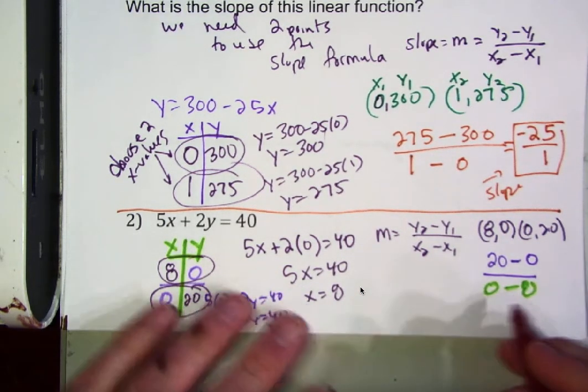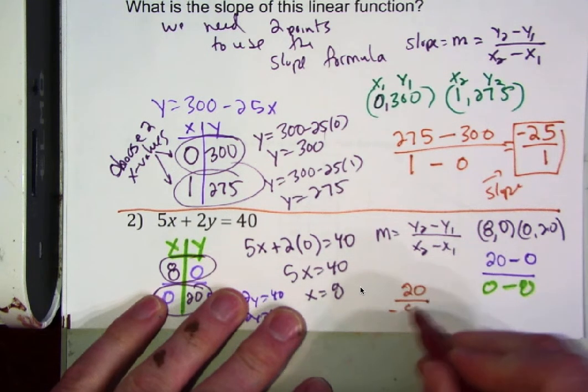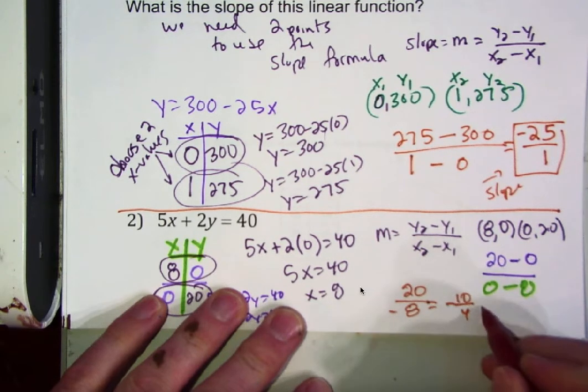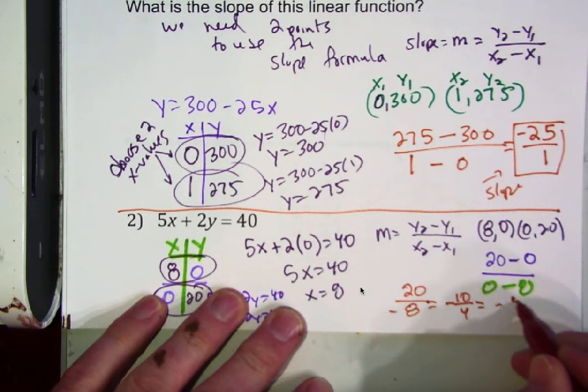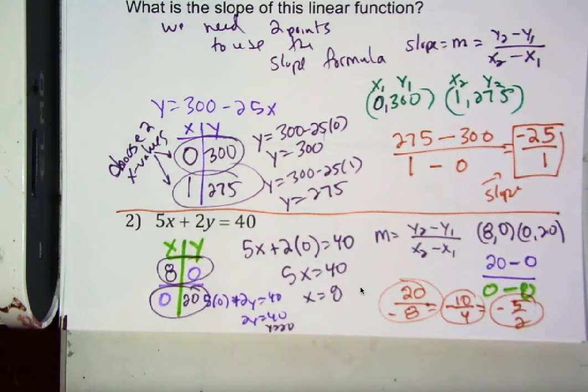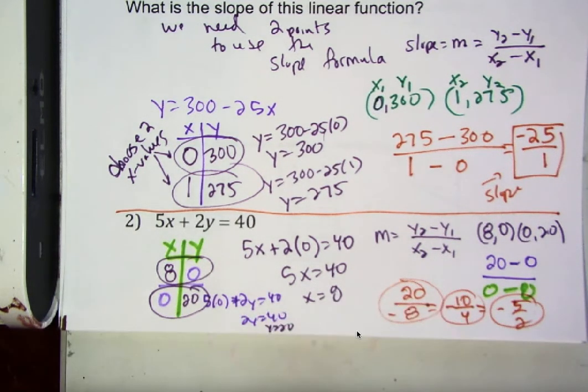And we find that our slope is 20 over negative 8, which is negative 10 over 4, which equals negative 5 over 2. All of those would be great. That's our slope. And we found it by finding 2 points and then using the slope formula.